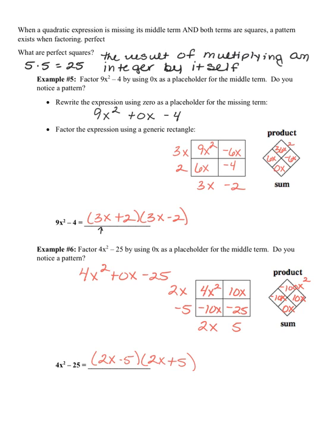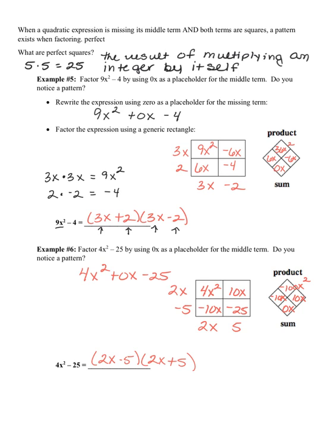The 3x that's at the start of each of these parentheses happens to be the square root of 9x squared. 3x times 3x is what gives us 9x squared. And the plus 2 and the minus 2 is what we would multiply together to give us the minus 4.